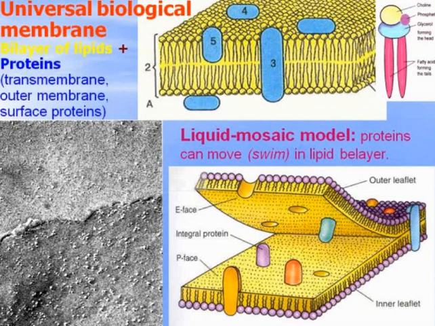If you use the freeze fracture method and remove one half of the lipid bilayer, one layer of phospholipids, and look at that through the scanning electron microscope, you can see the protein globules.